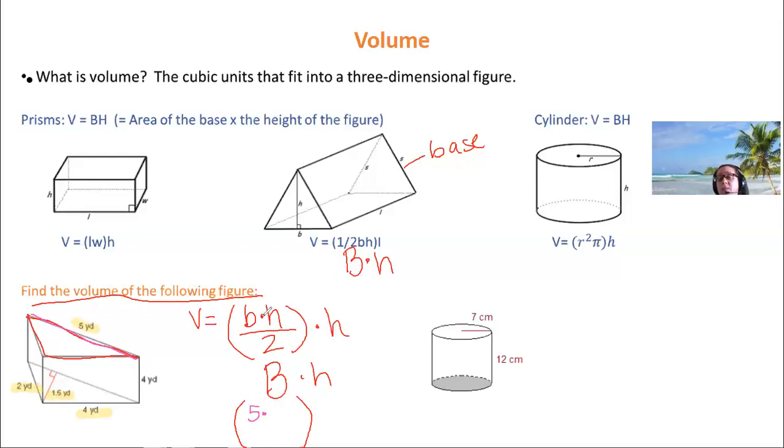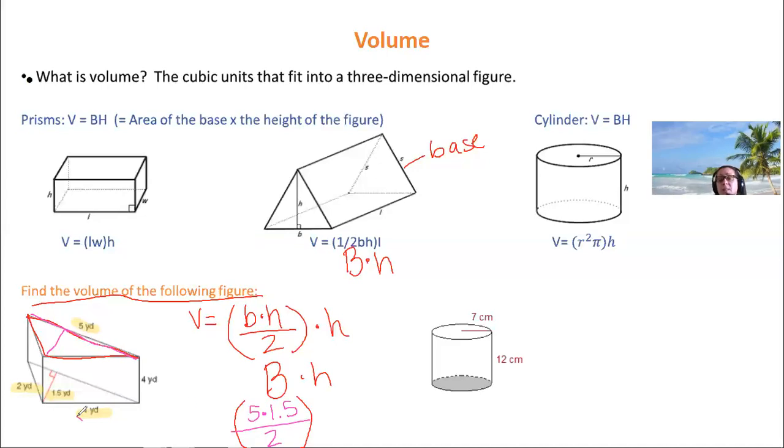What's the height of my triangular base? 1.5. Very good. The height goes from the base all the way to my vertex. It's the straight up and down height. So the height is 1.5, and then we divide by 2.